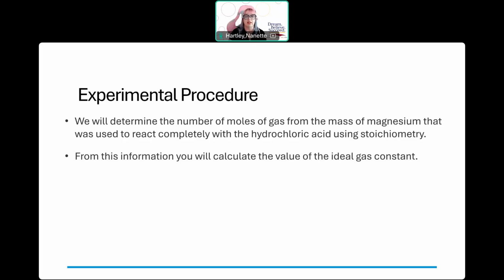We do that by adding a ton of something else to make sure that all of this one thing gets used up. So if we make the amount of magnesium really small and the amount of HCl really large, then we know all of the magnesium is going to get used up. Okay, so that becomes our limiting reagent. That determines how much H2 we're going to make, and therefore we can figure out how much H2 we should be forming. So we've forced that into the position of being our limiting reagent.